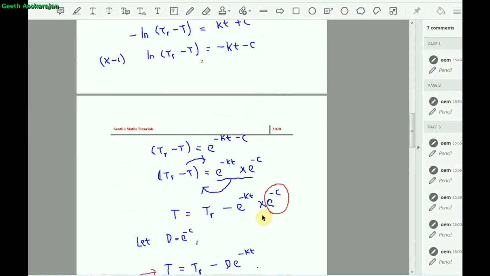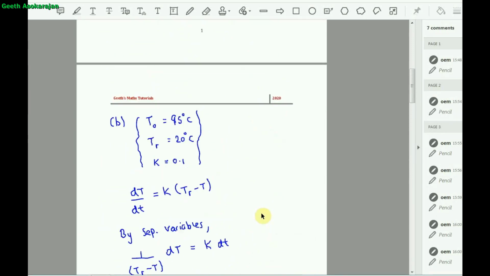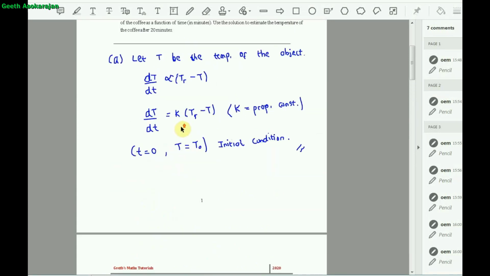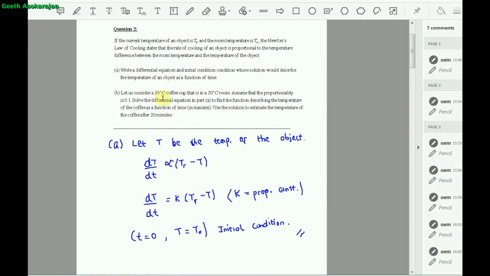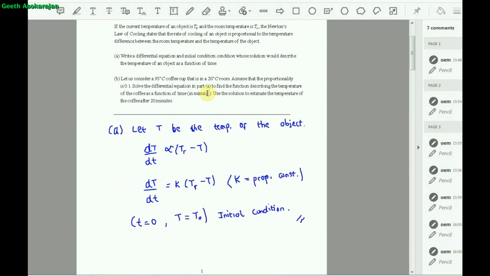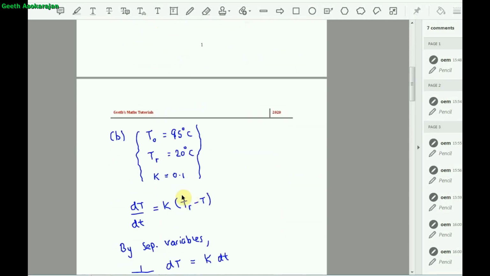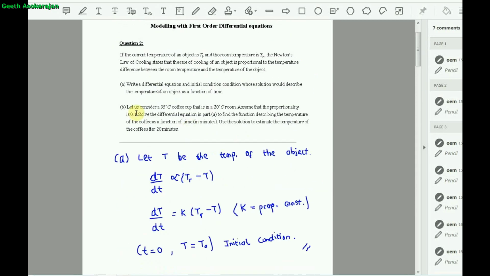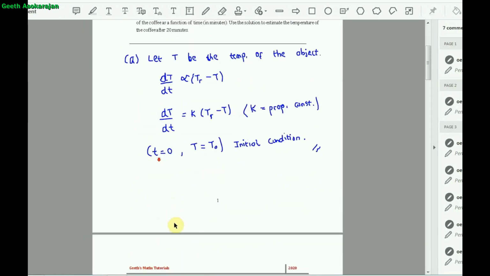Now, if we go back to the data that we wrote down earlier, we know T0, the current temperature, that being 95 degrees C. So that comes from the question, remember. We know TR, that's the room temperature, 20 degrees C, also from the question. And we know K, the proportionality, 0.1, that is from the question also.